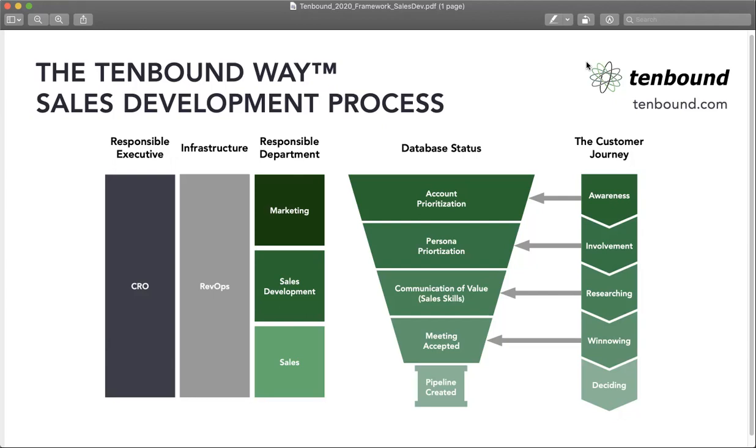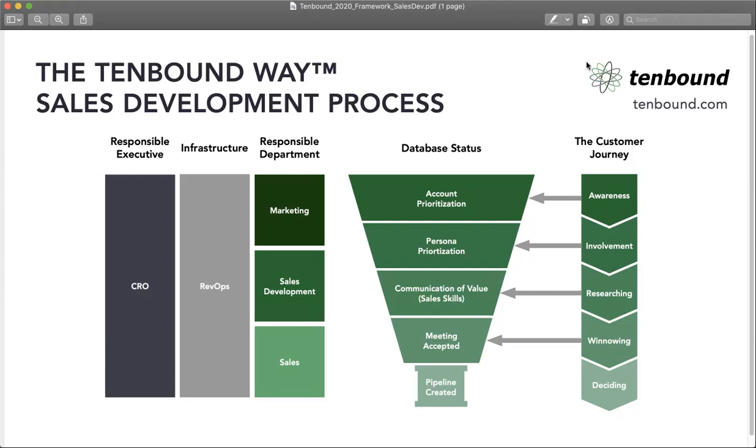The next thing that we look at is who's responsible for this. So we find a lot of companies leave it to the SDRs to do a lot of the account and persona prioritization. And of course, that's a part of the job, but really, in a data-driven environment, marketing should be really focused on setting up those account and persona lists so that the SDRs can come in and really focus on the communication of value.